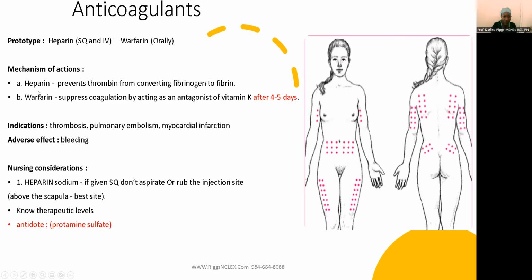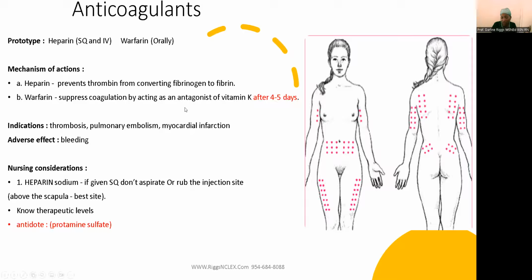All right, so they both do the same thing. Heparin is going to prevent thrombin from converting fibrinogen to fibrin. That's how they thin the blood. Warfarin literally suppresses coagulation, and that's how they thin the blood. And how does it suppress coagulation?